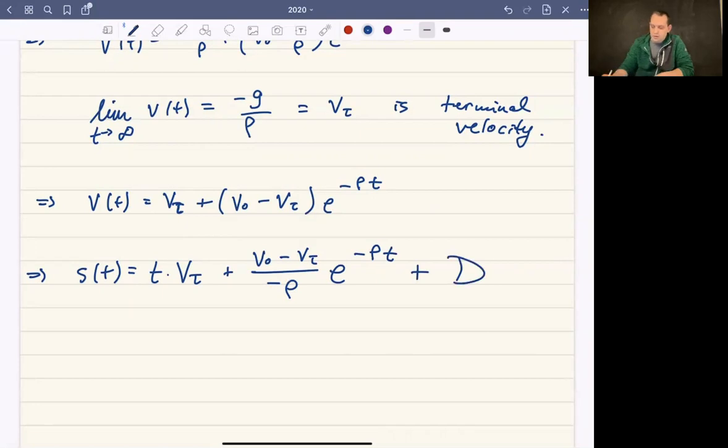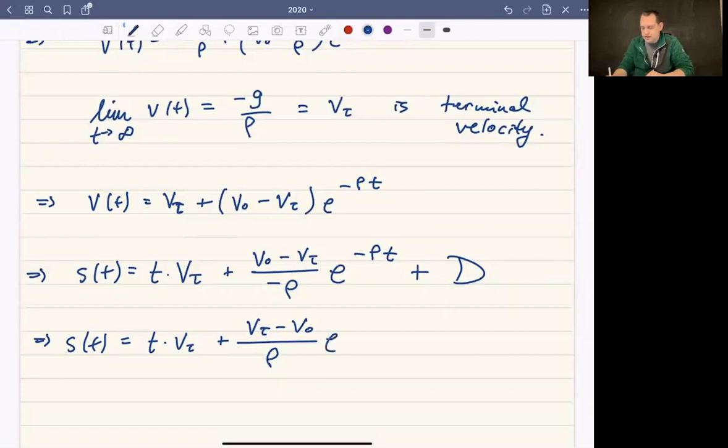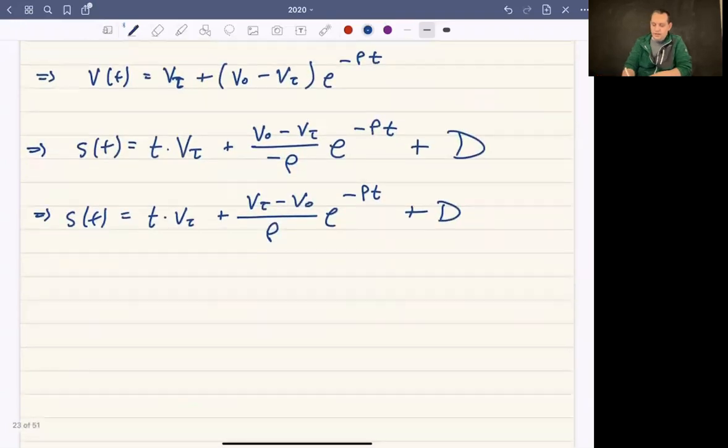Okay, and so let's rewrite this just one more time before we solve for d. This is going to be t times your terminal velocity. I want to write this as your terminal velocity minus your initial velocity over rho. So I'm just going to interchange those at the cost of the negative sign plus d. And then we know that your initial position is going to be s of 0.